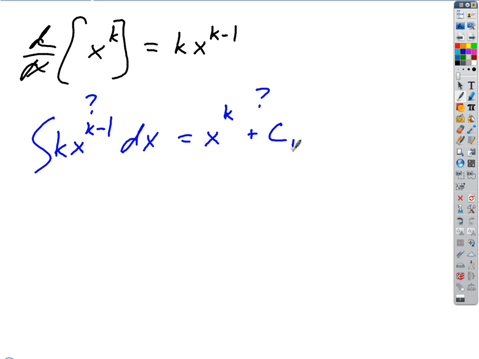That C1's confusing. Well, I'm just saying it might be different than our final c. I wouldn't have to do that. I could just call it c and then add stuff to it and just keep it going. But I'm just saying it's going to be slightly different constant. Okay. Yeah, but it doesn't matter, it's just a constant.